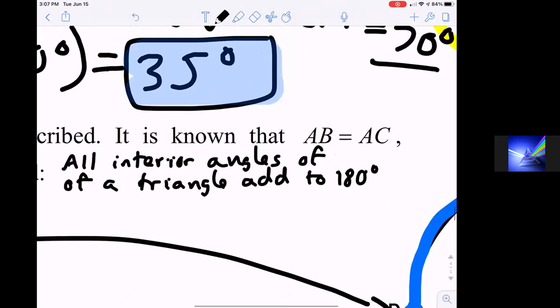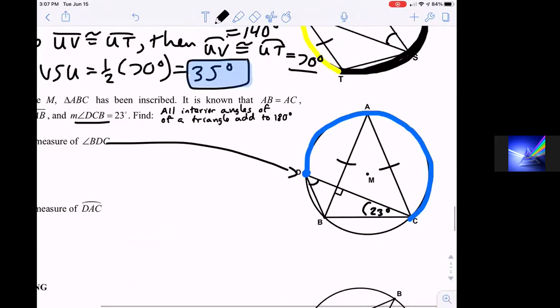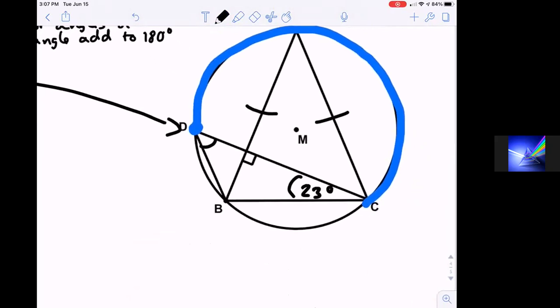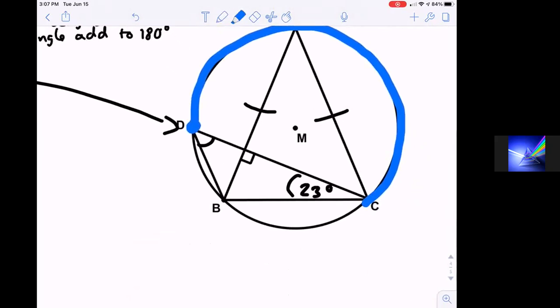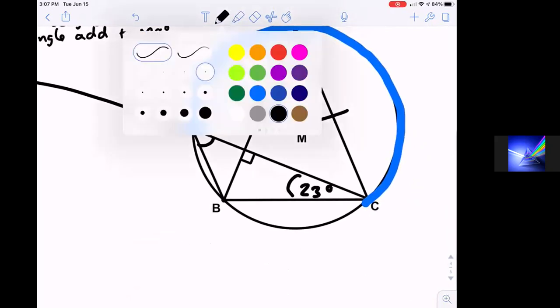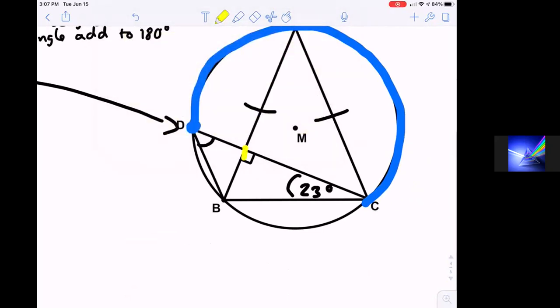We're going to be using this a lot right now, okay? So let's actually take a look. Here's the first one. If you guys see this triangle that I'm going to highlight in yellow right here, it's a right triangle with 90 degrees right there.